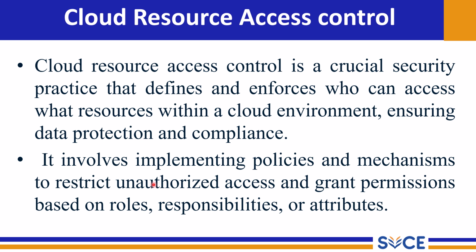Next is automated access reviews and policy enforcement. Regularly review access permissions, using tools like Azure Access Review, AWS IAM Access Analyzer, or third-party solutions like Palo Alto Prisma or HashiCorp Sentinel.